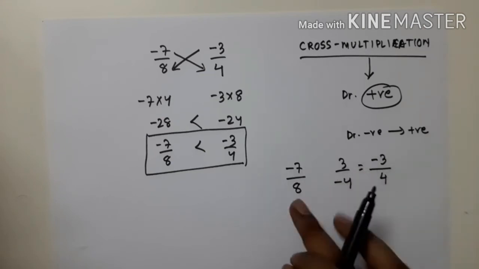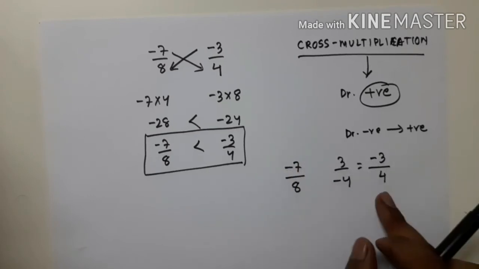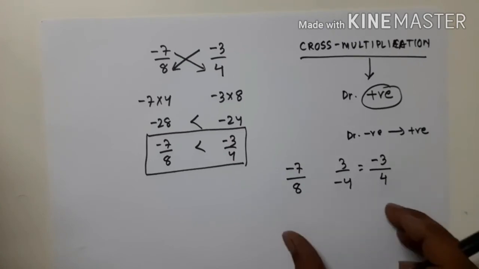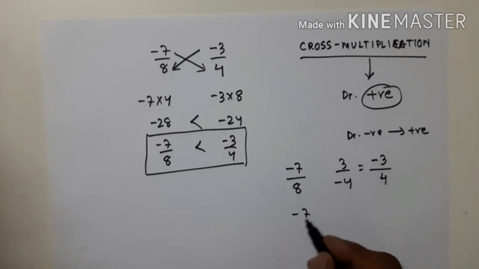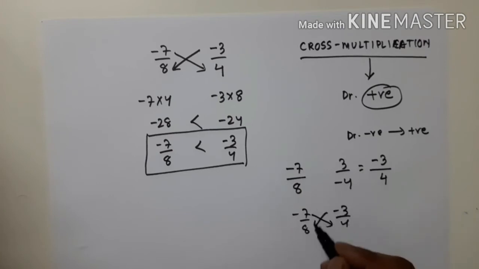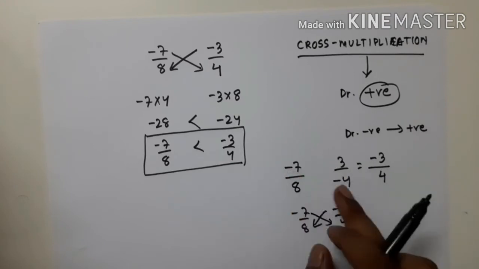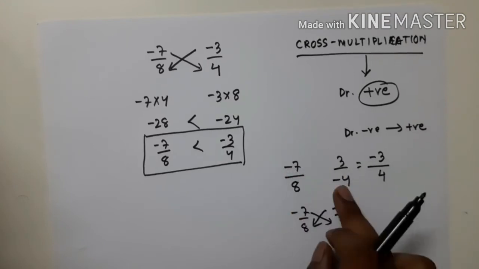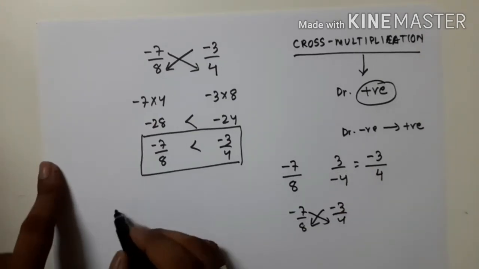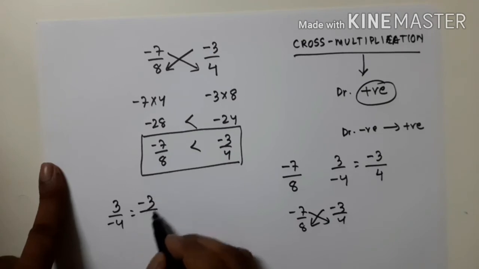After that only we will cross multiply. We will not cross multiply like this, minus 7 into minus 4. First we will convert into standard form, that is with the positive denominator, then only we will cross multiply. Here we cannot cross multiply because the denominator is negative. From here we can know that 3 by minus 4 is the same as minus 3 by 4.